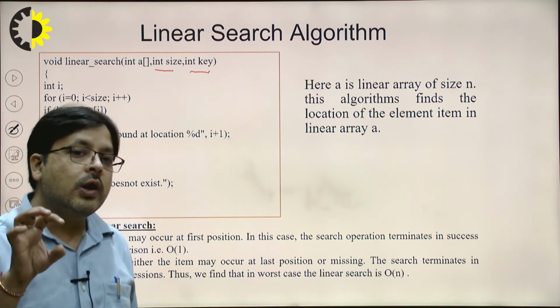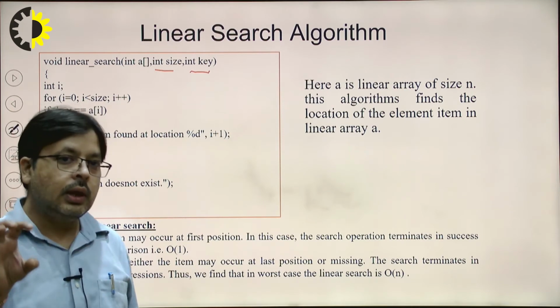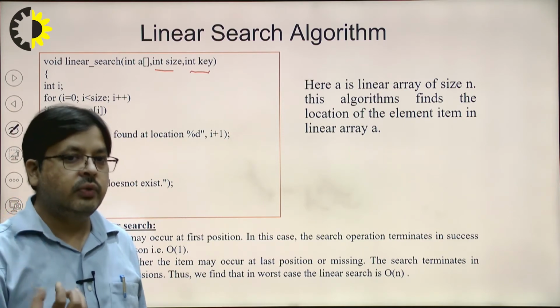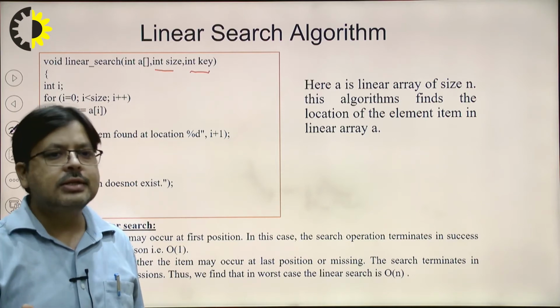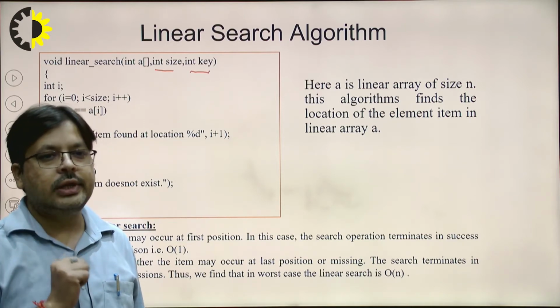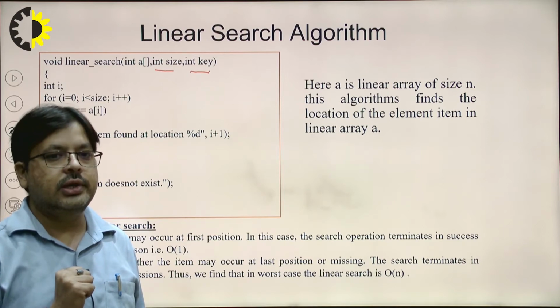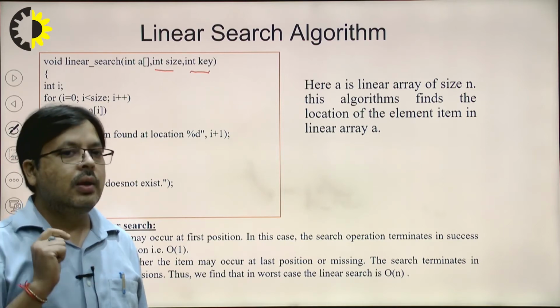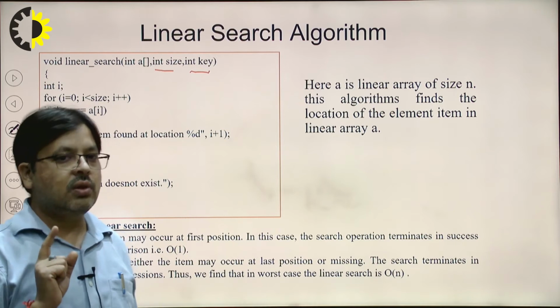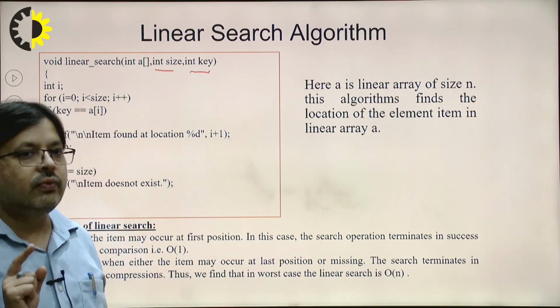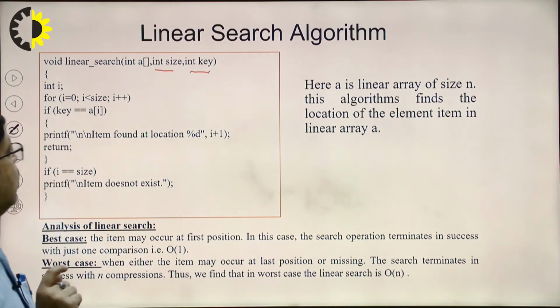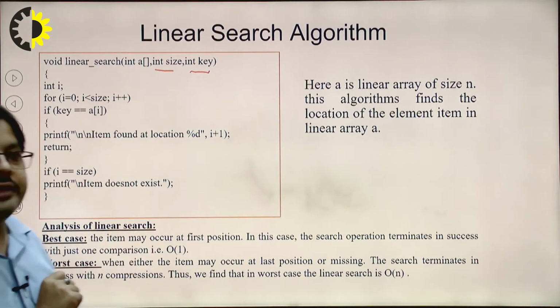This is the worst case, where you scan the whole array and can't find that particular element because it does not exist in the given list. So this is the worst case of linear search, that is order of n. Keep in mind, the best case of linear search is order of 1 and the worst case is order of n. So this is the whole theory of linear search.